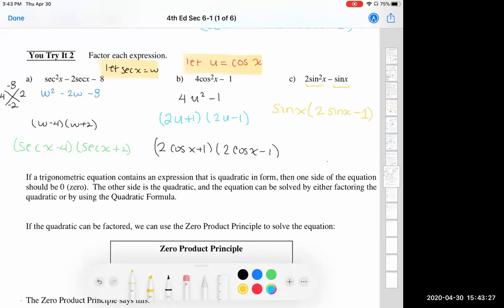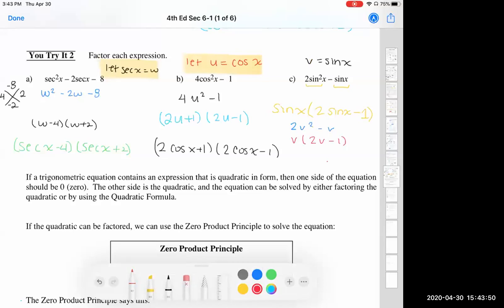Now again, you don't have to do it that way. You could always say, hey, let b equal sine of x. If we do that, we're left with 2b squared minus b. Now I can easily see I can factor out a b, and have 2b minus 1.